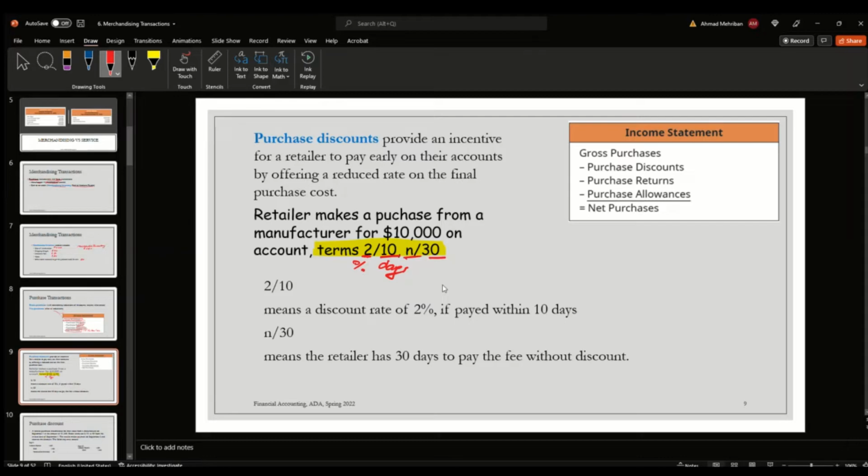So after the dash we have days, before that the percentage of the discount. So the very first expression, before the comma, means that the discount rate is 2% if the payment is made within the 10-day period after the purchase, and the full price will be paid without any discount, obviously, if the payment is made after those 10 days, but within the 30 days after the purchase has been made. So you need to remember that and commit it to memory.